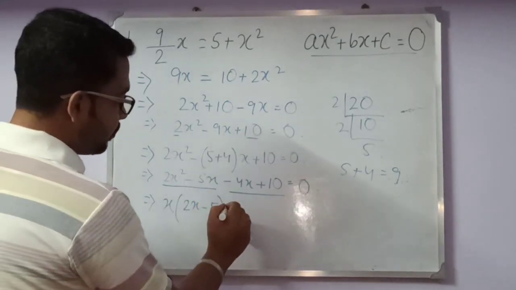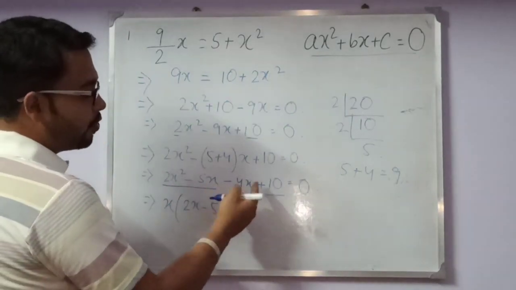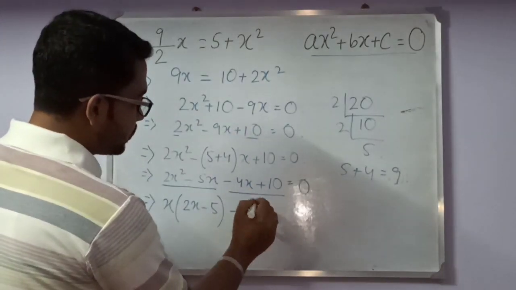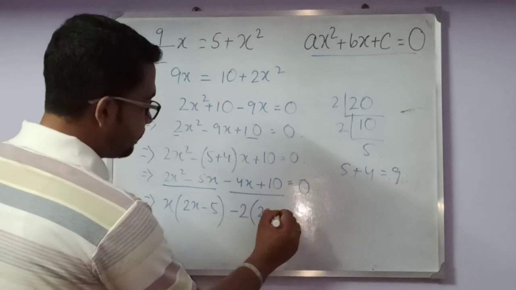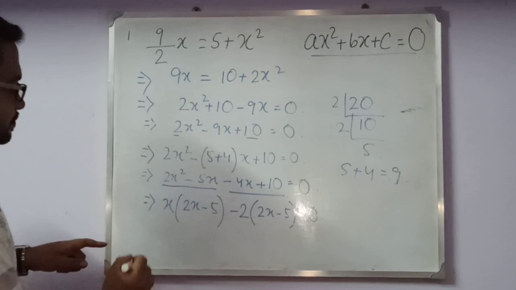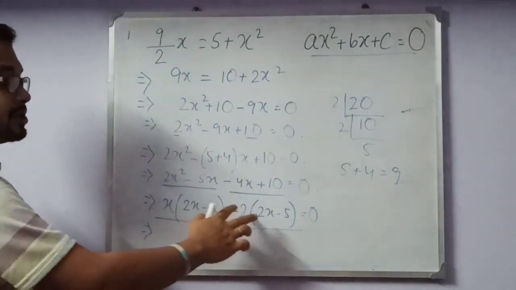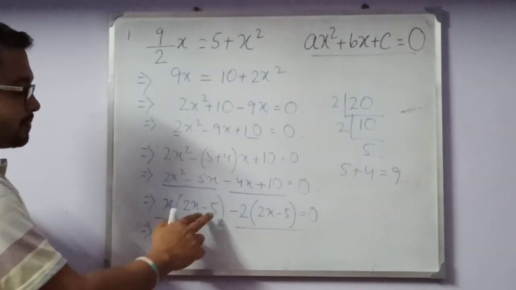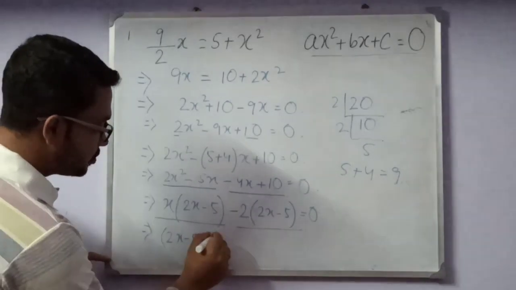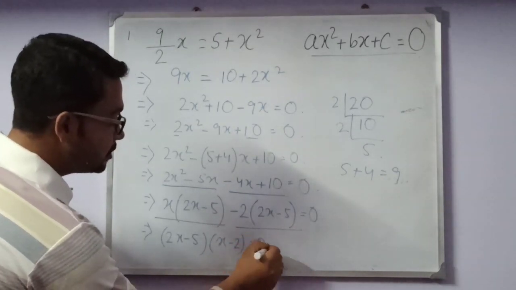And here we take minus 2 as common because 4 and 10 are divisible by 2. So 2x minus 5 is equal to 0. Now this is one term and this one is another term. From these two terms we take 2x minus 5 as common. So 2x minus 5 common, and we have left x and this minus 2 is equal to 0.